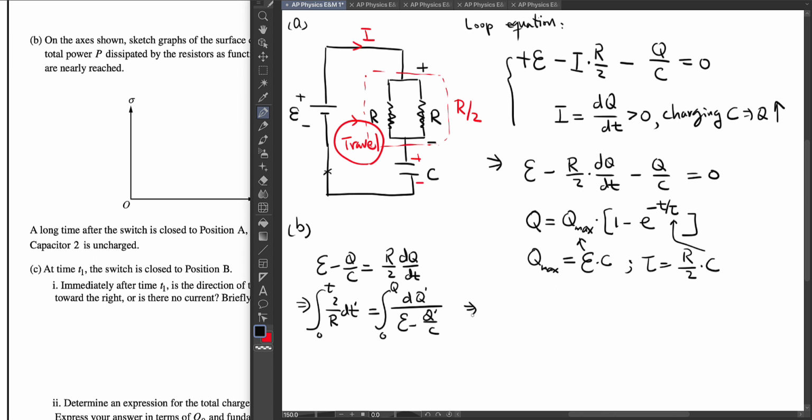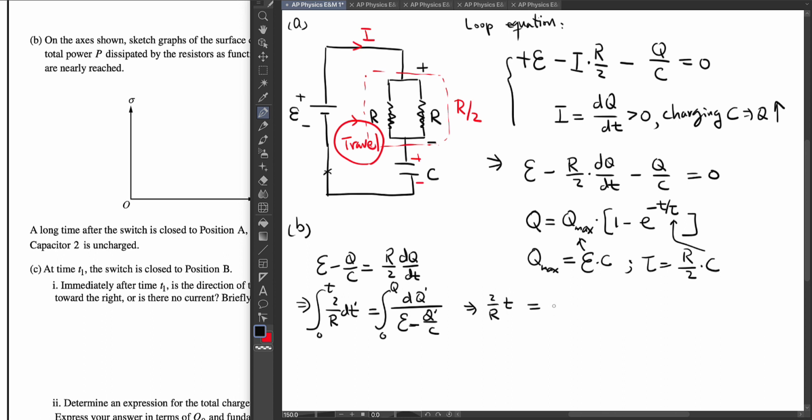The left side will have, that's easy, 2 over R and t minus 0. And the right side is a log function if you integrate the equation here. But before we get to that log function, we need to pair up the same coefficient here.